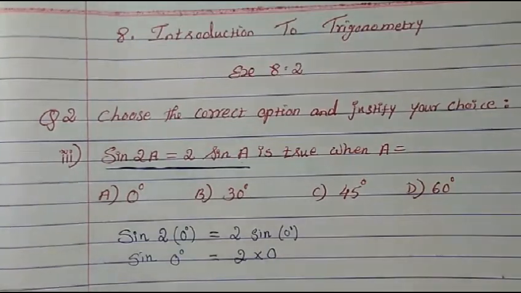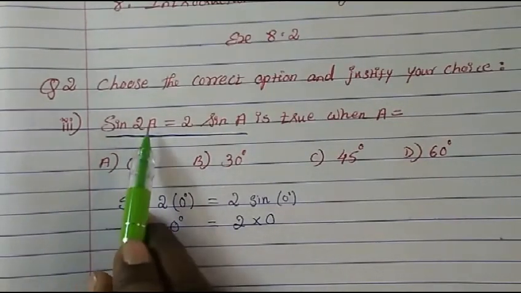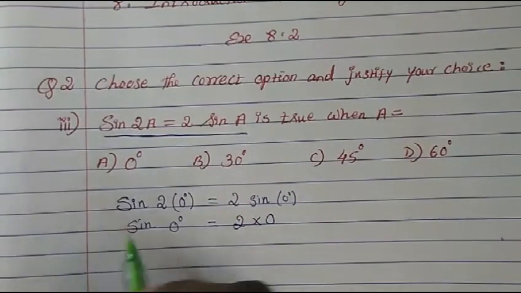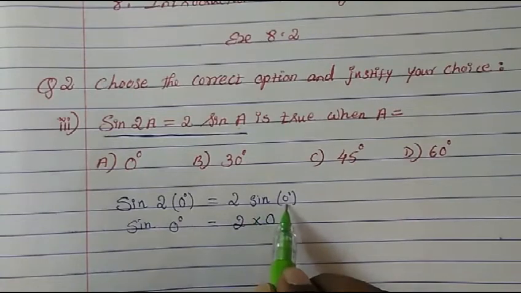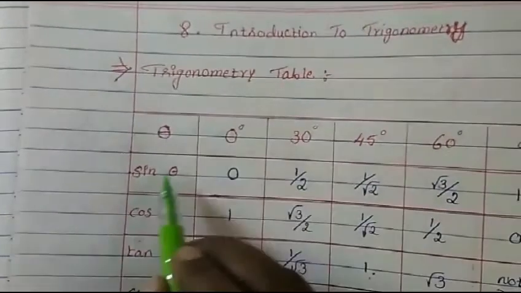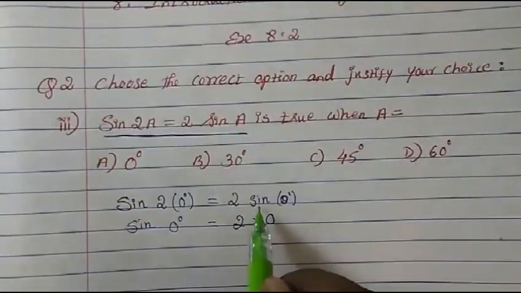So this you have to understand. This is angle already, so the a angle value we have taken from here. Whereas here 2 sine 0 degree means that we have to check from the table what is the value of sine 0 degree.